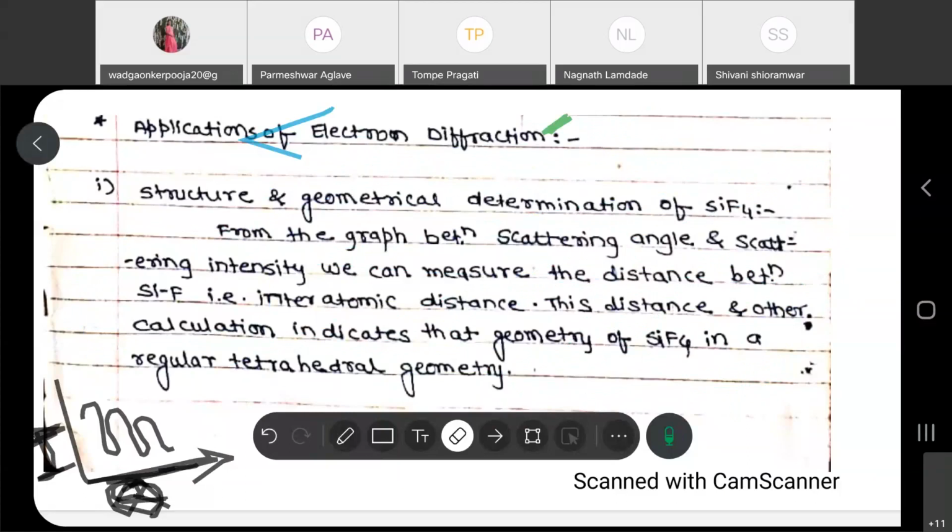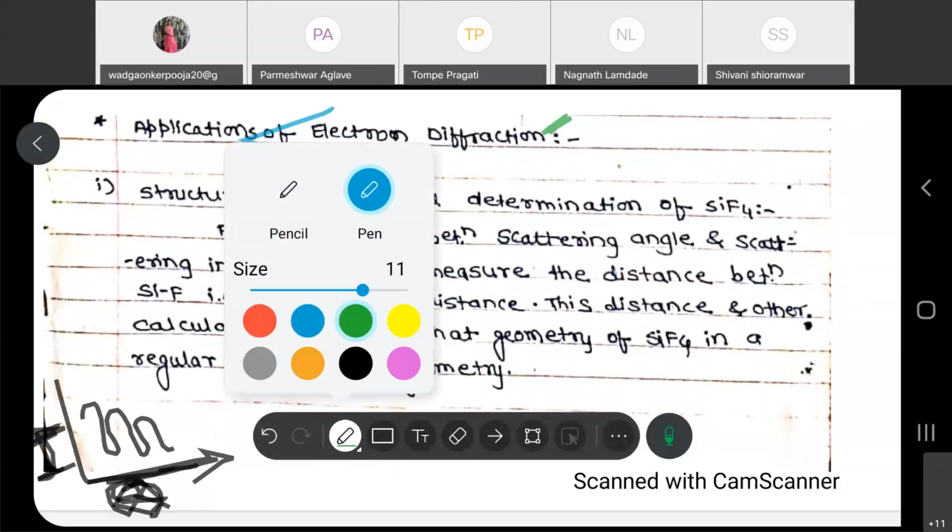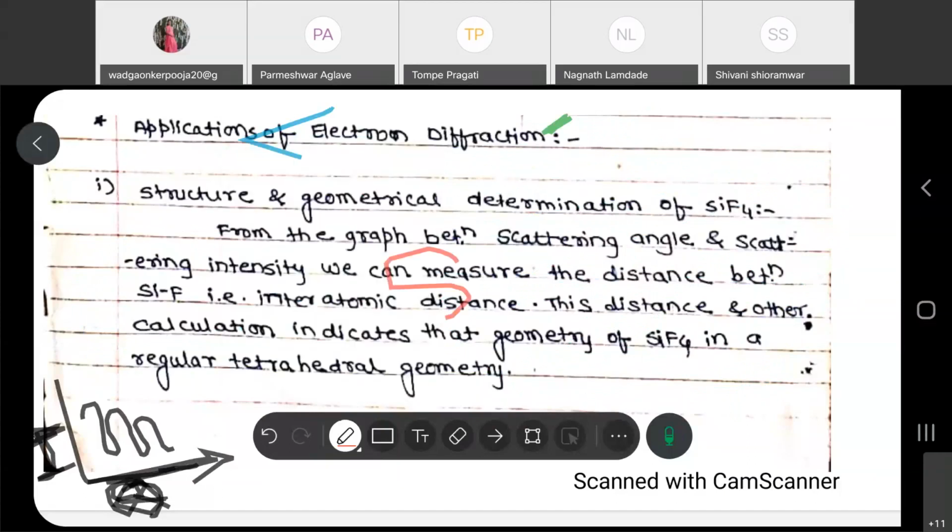Si and four fluorine atoms are there, situated like this.